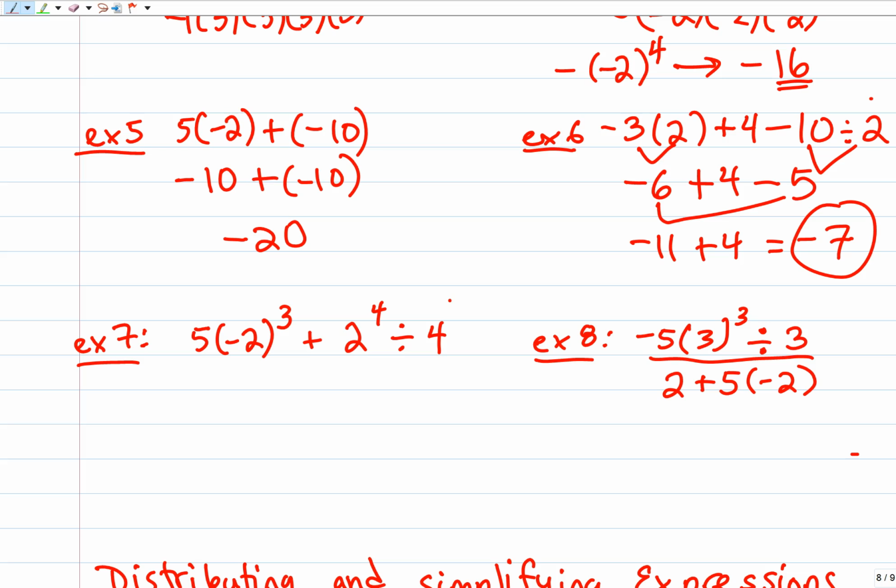What is 5 times negative 2 to the third, plus 2 to the fourth divided by 4? This to me says 5 times negative 8. I heard negative 40. There were 3 negatives. 5 times 2 times 2 times 2 is 40.